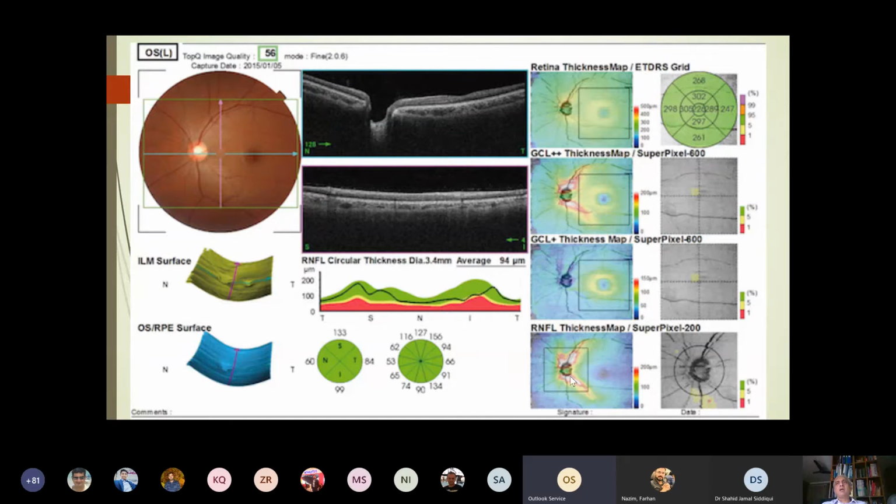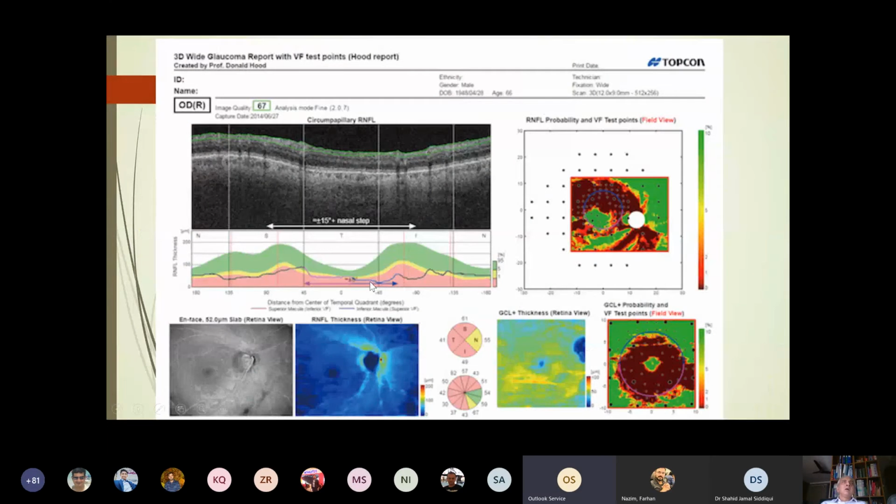Then this is the retinal fiber map where you see this. And this is another thing which we have got. This is the most advanced thing which you can do when you are doing multimodal imaging. In this, you've got the OCT scan showing the TSNIT. This is overlaid with the retinal nerve fiber thickness over here.